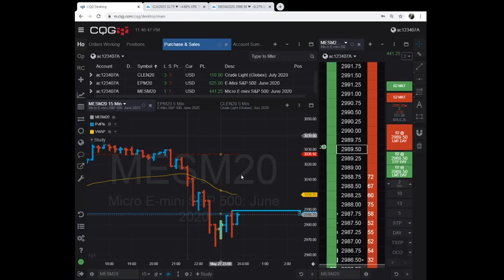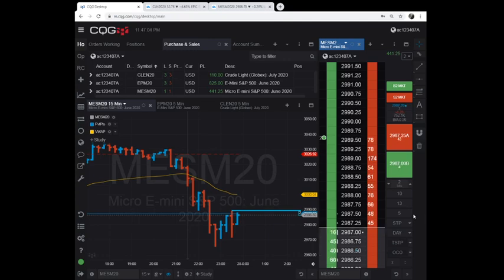For the US session, we just received one sell call for 10 points, which means the price will reverse back towards the VWAP line, which is this yellow line. So the entry is at 2989.50. I have queued 2 micro lots.